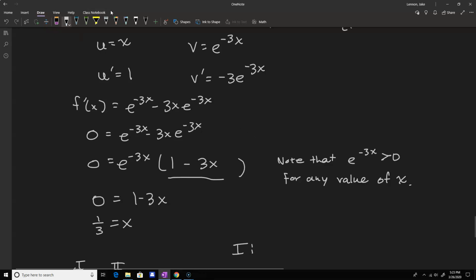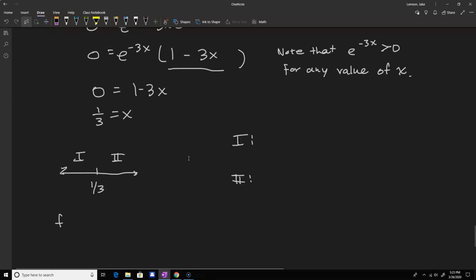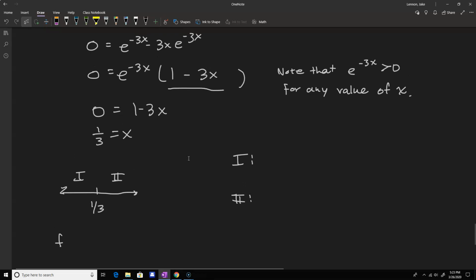So let's just plug in 2 points, one from each region, and we'll determine whether or not our function is positive or negative. So in region 1, we need to plug in some x value less than a third. So our derivative function is e to the negative 3x minus 3x e to the negative 3x, so f prime of 0, let's say, 0 is always an easy one to plug in.